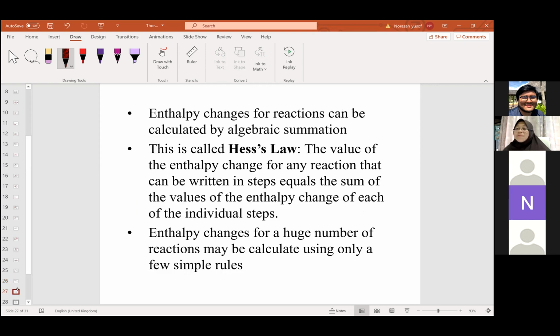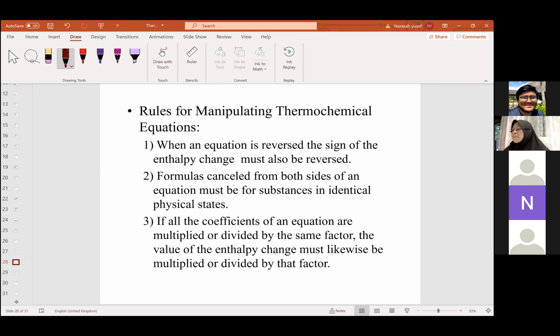So the last part for part one is to discuss the use of Hess law. It's quite simple. We can calculate enthalpy by using Hess law. So what is Hess law?